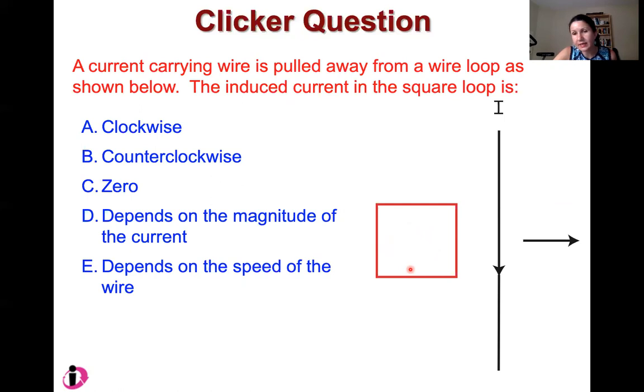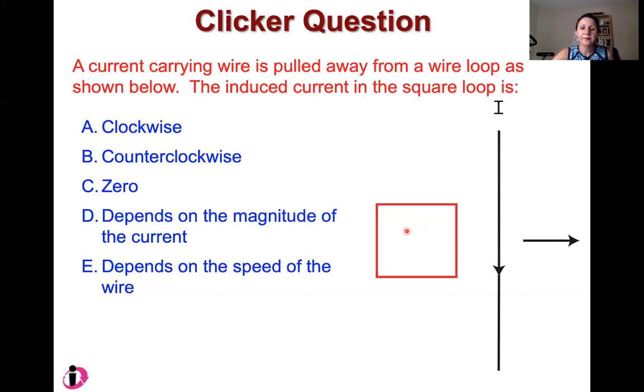Okay, so there is a magnetic field. Now, what does moving the wire to the right do? It decreases the strength of that magnetic field, because remember, the strength of the magnetic field decreases inversely with distance away from the wire. So as this wire is being moved to the right, the strength of the magnetic field into the board decreases.